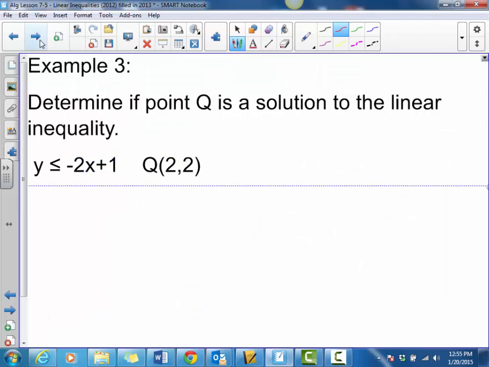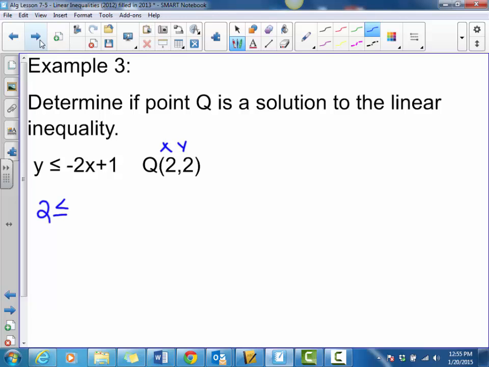All right, example 3. Determine if point Q is a solution to the linear inequality. So I have y is less than or equal to negative 2x plus 1. And I have point Q, which is the ordered pair 2, 2. So remember that this is an x and y. All I do to discover if this is a solution or not is plug these 2 values in for x and y.